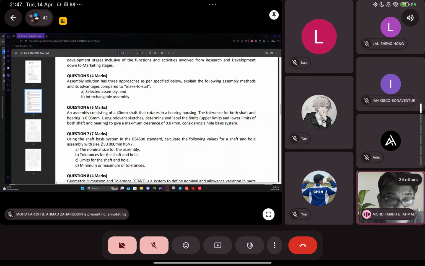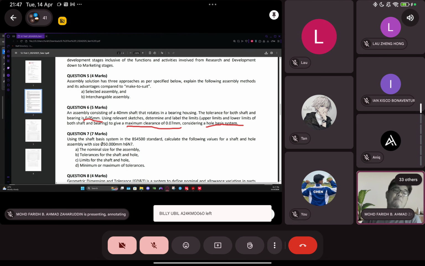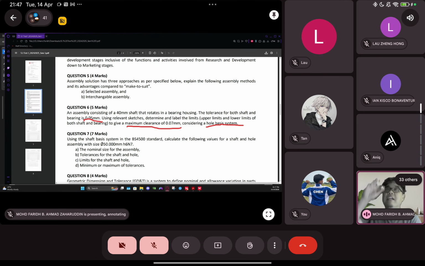In this question, I give you some tips. Play around with the equation, the calculation that you have previously. They give you the tolerance is the same, 0.05 mm, both shaft and bearings.